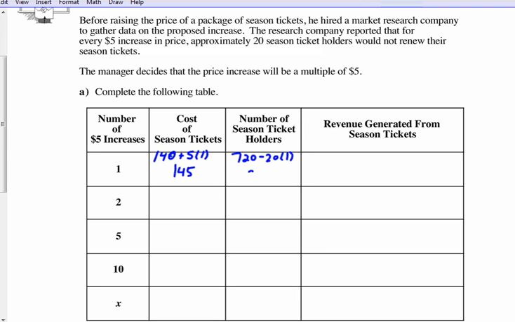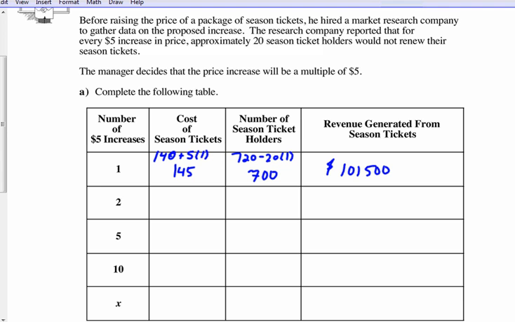So we'd have 700. So now what would be my revenue? Right, the cost per ticket times the number of people. So revenue is always equal to the cost times the number sold. So 145 times 700, what would that give us? Okay, that seems right.